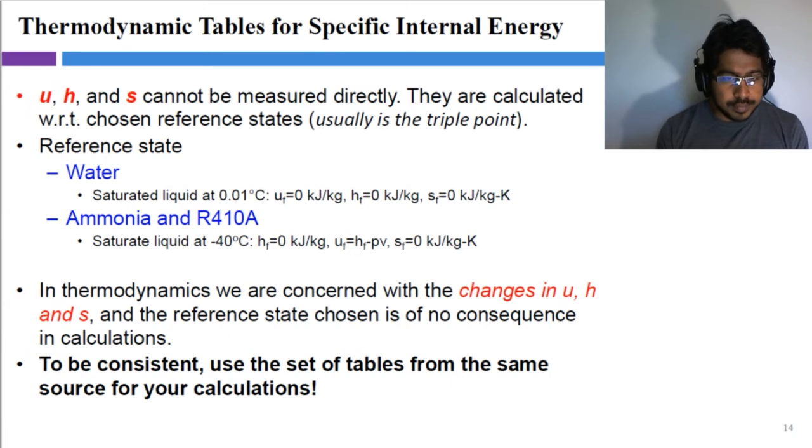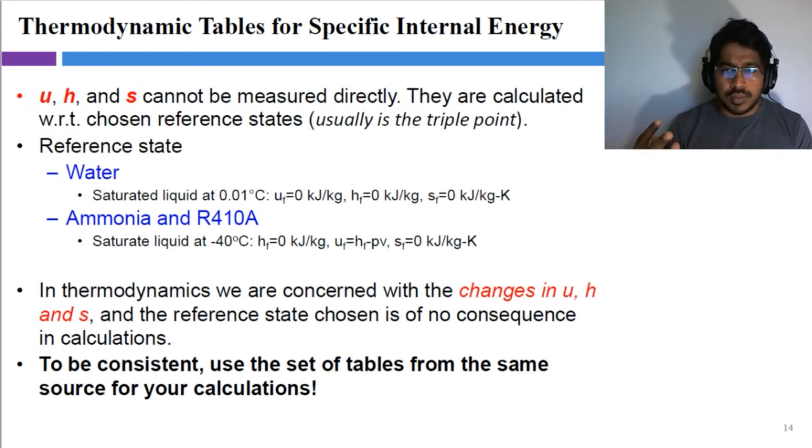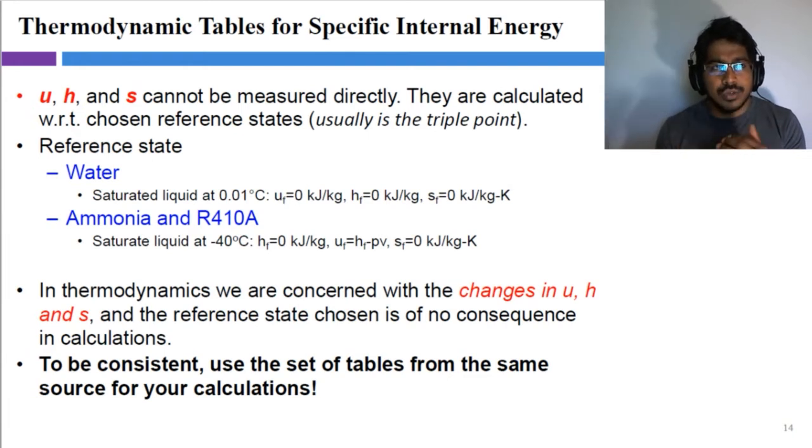So similar to potential energy, in thermodynamics what we are interested in is the changes in U, H, and S. The absolute values of U, H, and S are not something we are very keen on. What we try to do here is use work and heat to do something useful, right?